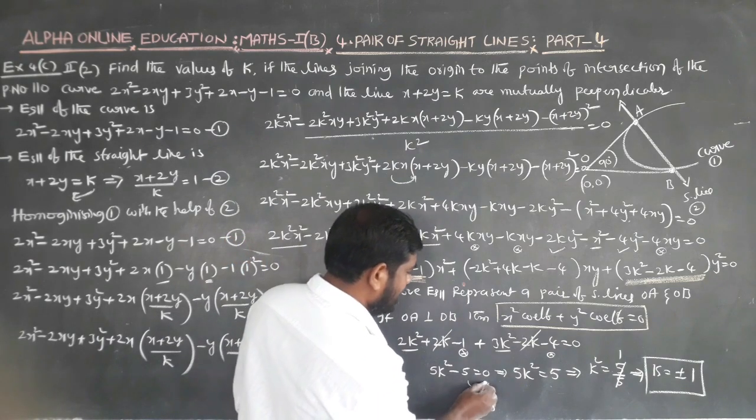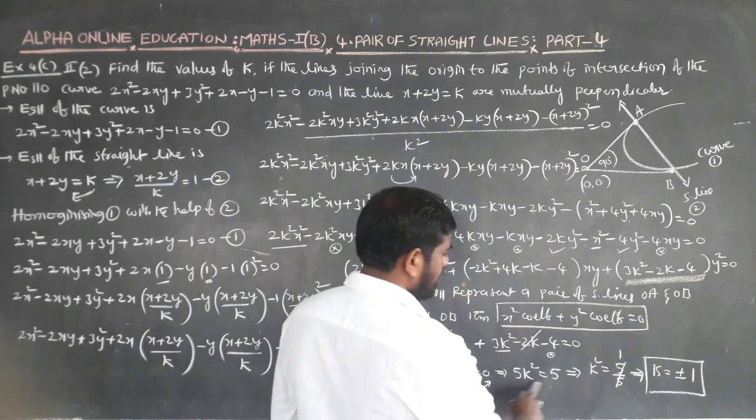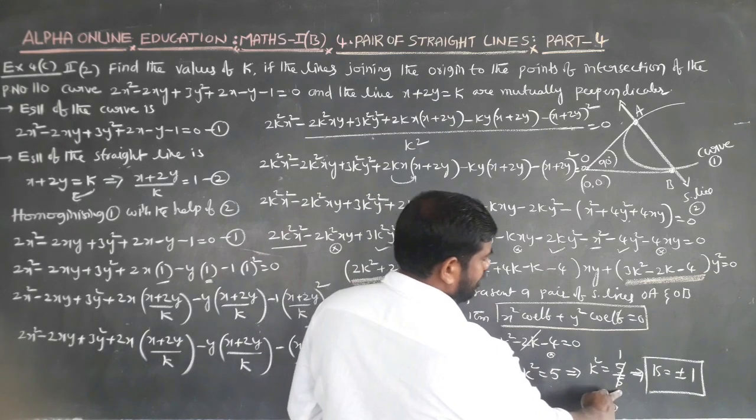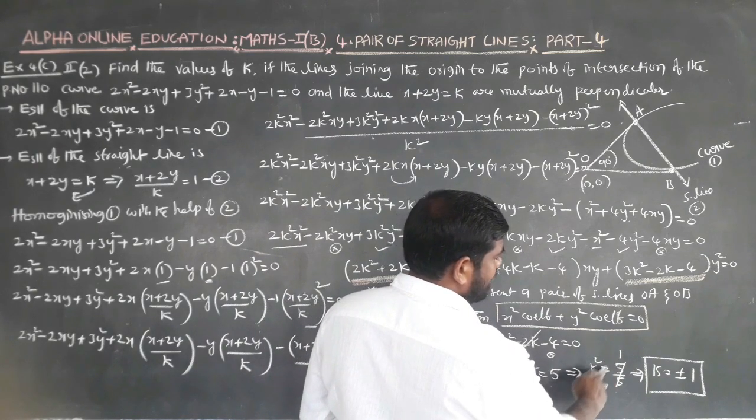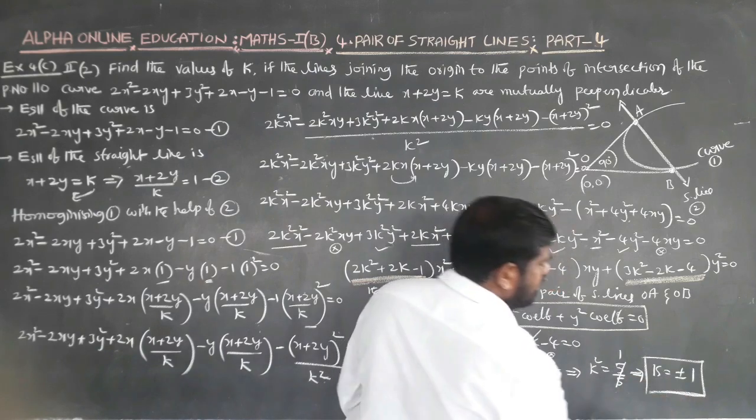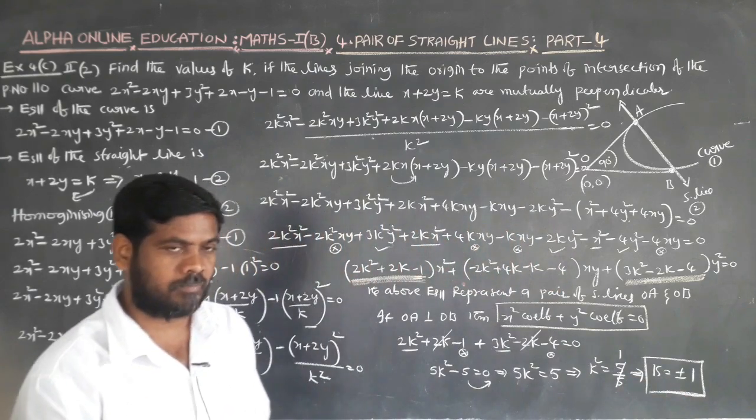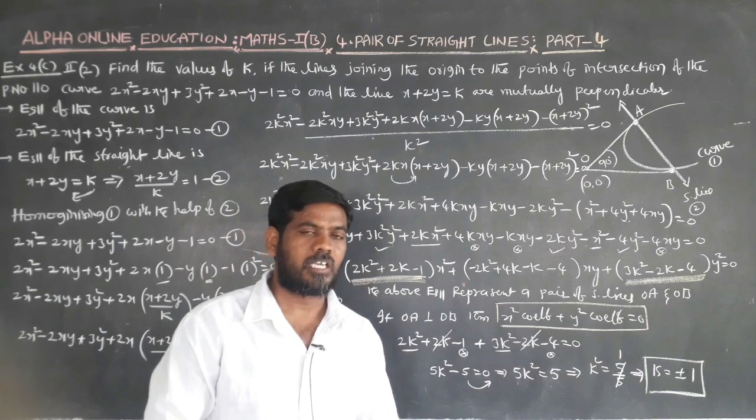Taking 5 to the right side, it becomes plus 5, then 5 by 5 gives 1. K² = 1 means k = ±1. This is the answer, the k value.